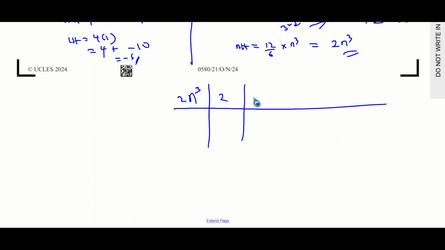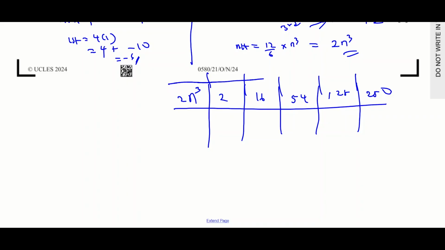Then the other one will be 2 times 2, 4, 4 times 2, 8, 8 times 2, so you have 16. If you continue like that, you should get 54, 128 and 250.